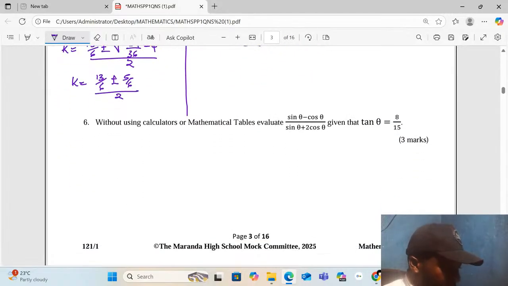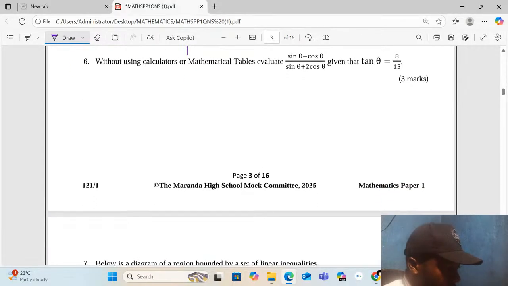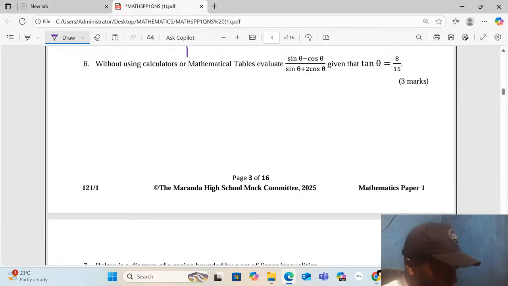So we move to question number 6. Without using calculators or mathematical tables, evaluate sin theta minus cos theta divided by sin theta plus 2 cos theta, given that tan theta is equal to 8 over 15. So this last information is going to lead us.